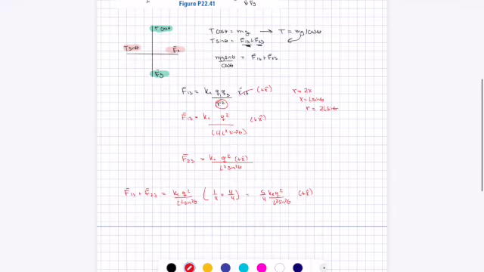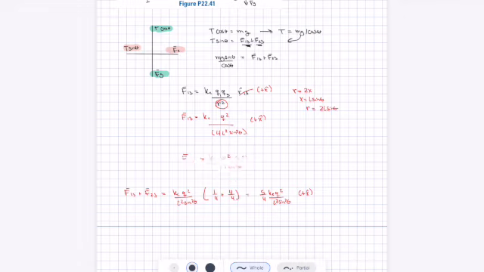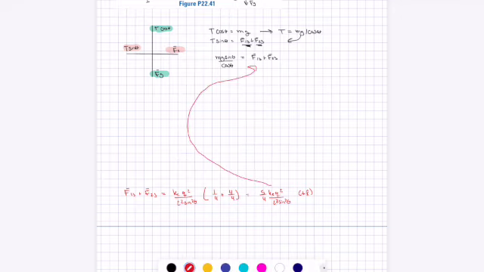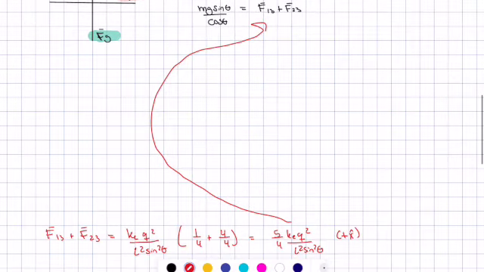Now once we have this, we just have to plug it back into our equation that's way up here. And the last thing to do is just solve for q. So we take this, bring it up here. So we see that mg sine theta over cos theta is equal to, and then all this stuff. All we have to do is isolate for q.